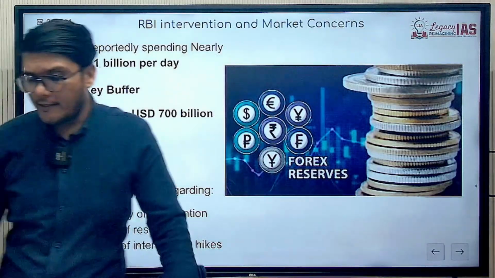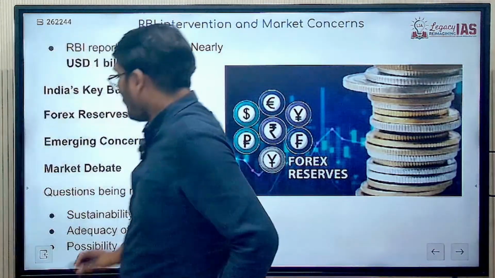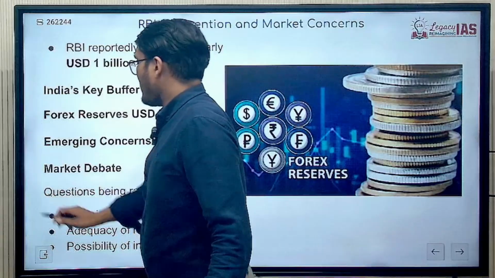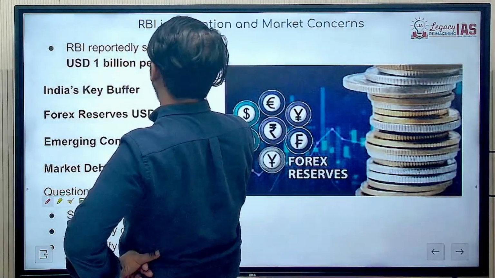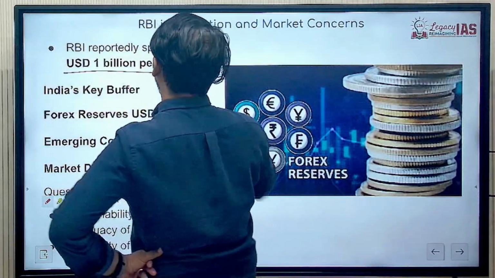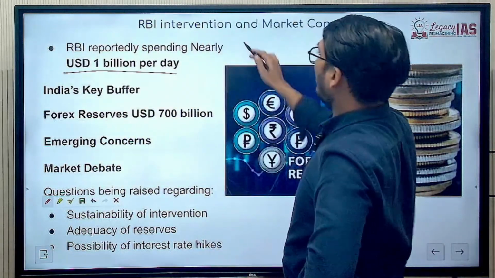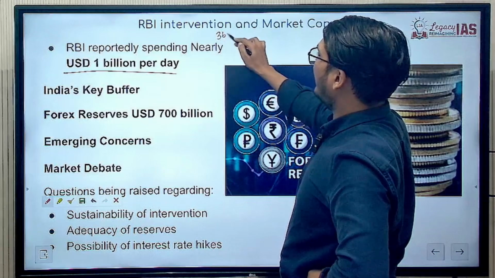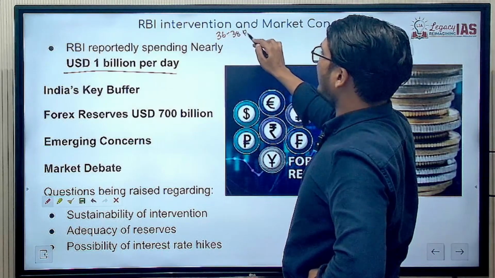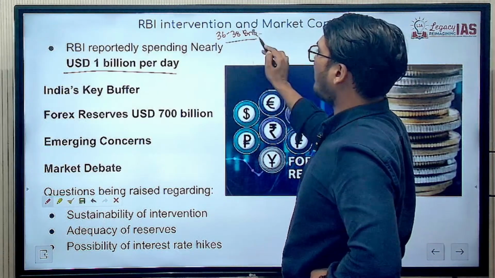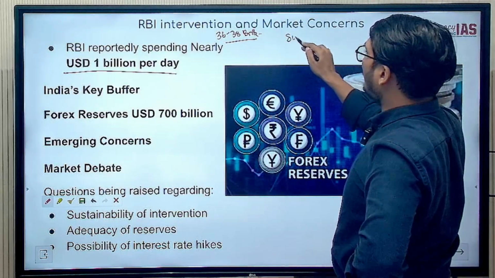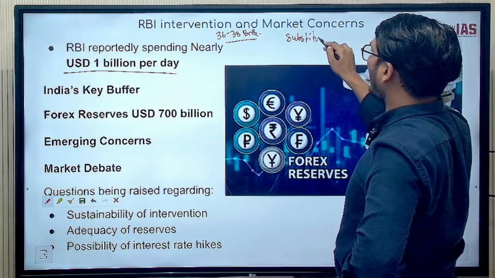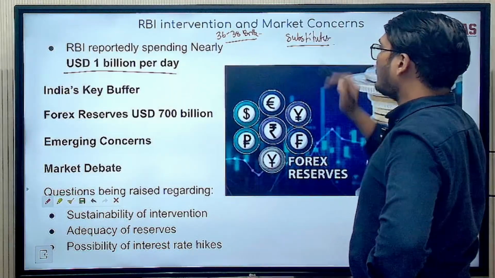Right. So what can be the solution for this? The solution cannot be that we keep on pumping in dollars. You can see RBI reportedly spending nearly $1 billion per day. So if it has been around 38 days, 36 to 38 billion dollars have been pumped in. So what we should do? We should try to find out substitutes for our imports that are there.